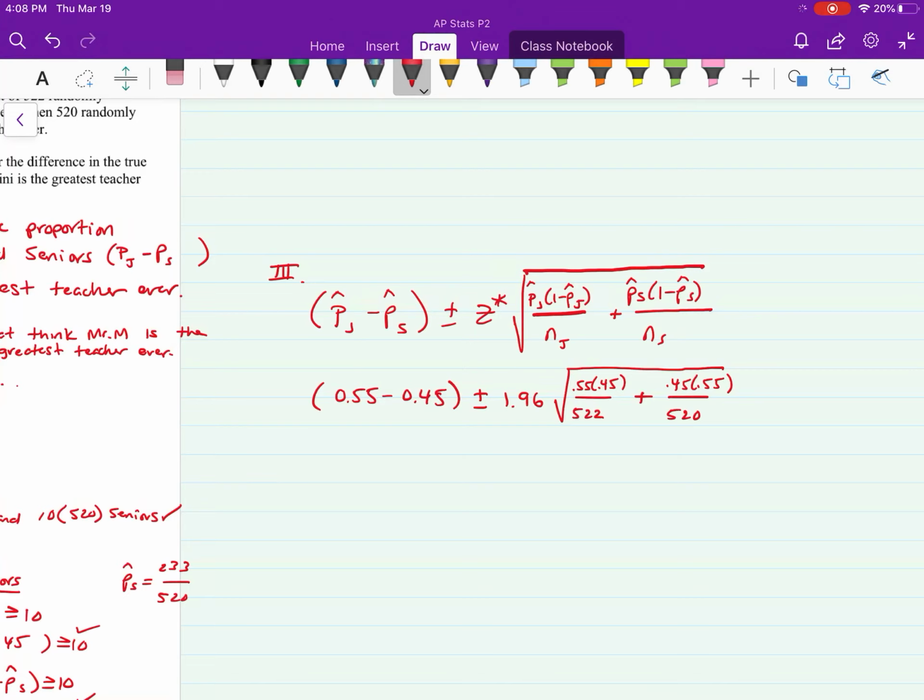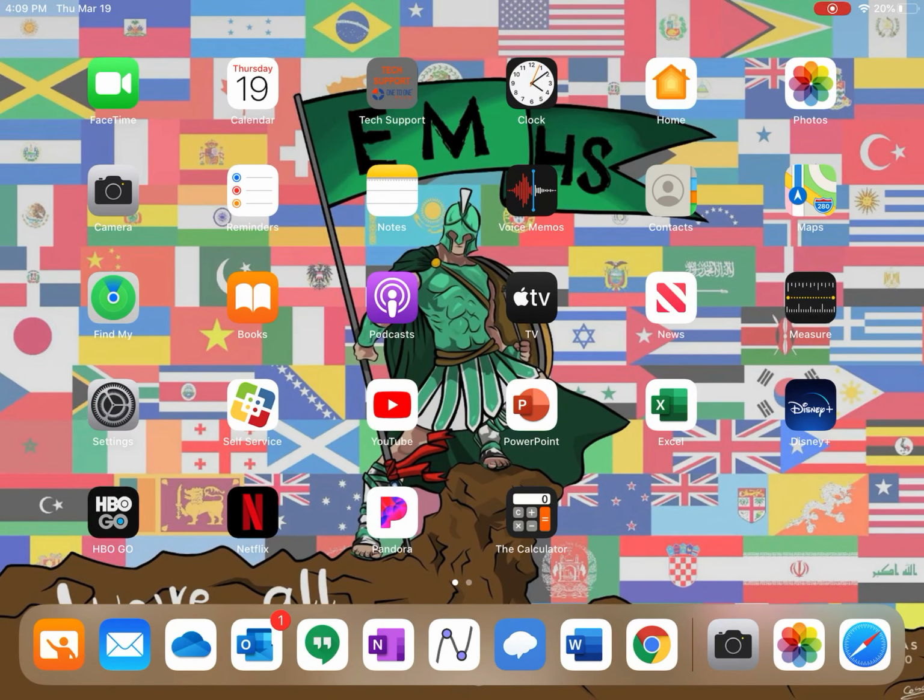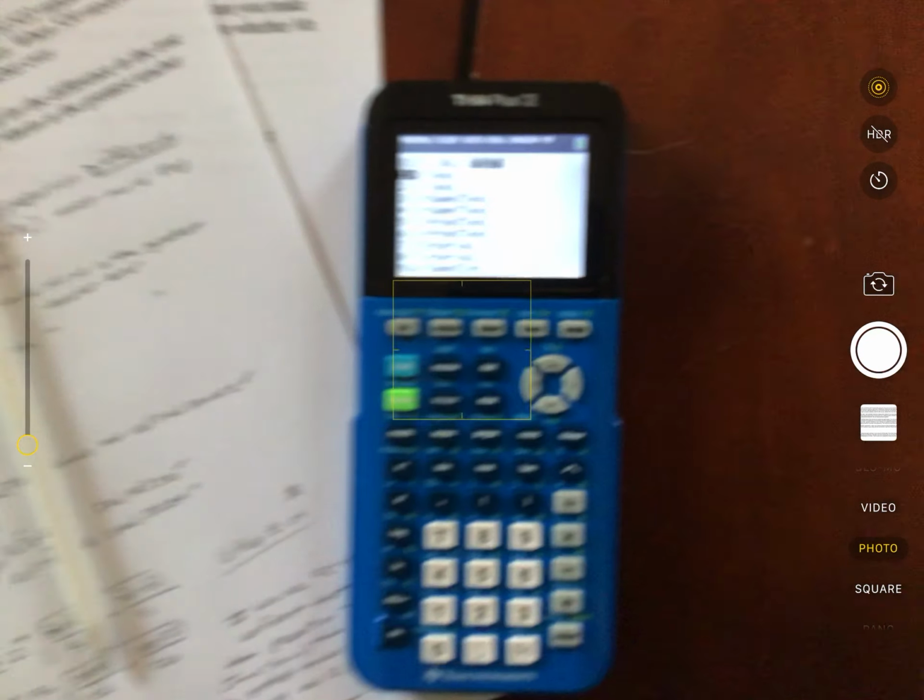Now, you're going to go to stat and tests and go down to letter B, which is 2 prop z interval. Let me show you on my calculator how to get there. Hopefully this works. Okay.